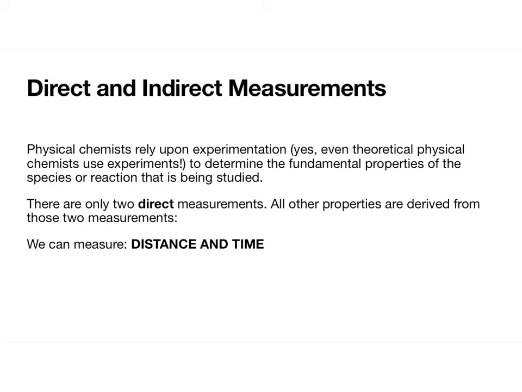And these experiments are used to determine the fundamental properties of species or reactions that are studied. But our challenge is that there are only 2 direct measurements. All other properties are derivations from these. So we can directly measure distance and time. Everything else is some combination of those measurements.